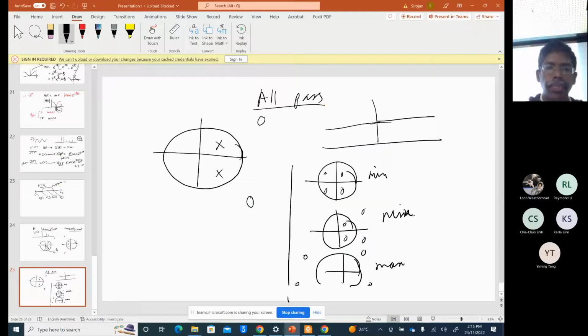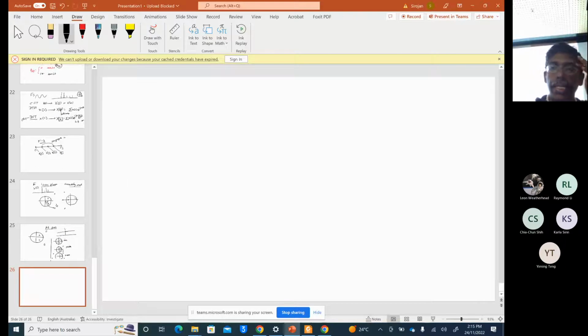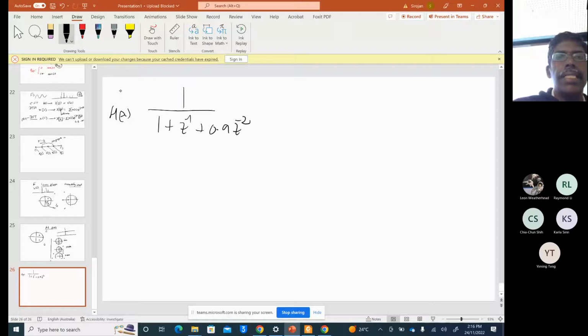Also you should be able to know the different types of implementations. One is if you are given the recursive structure, H(z) equal to 1 plus 1 over 1 plus z to the minus 1, plus. So this is recursive. Recursive means feedback. Non-recursive means FIR. FIR is non-recursive.